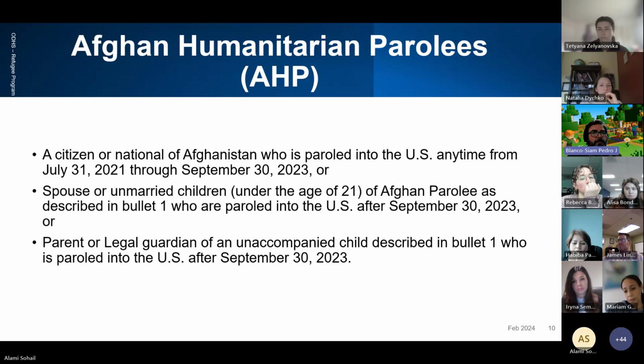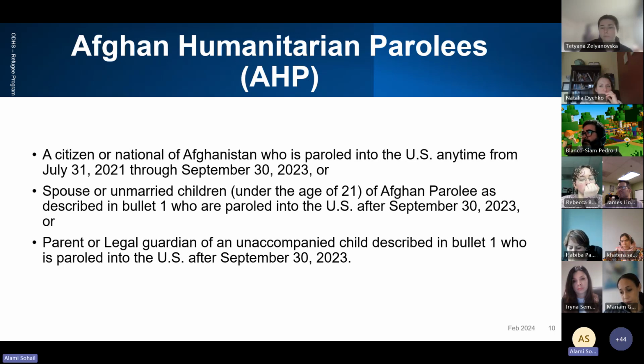And Sohail, there's a question in the chat about if we can accept EAD cards as eligible documents. Yes, for certain immigration statuses, you can, if they have a specific code on them.